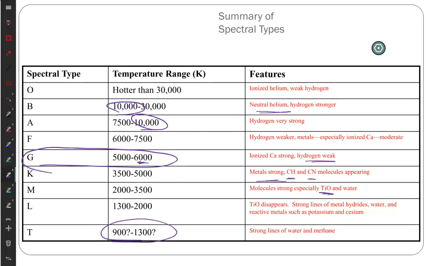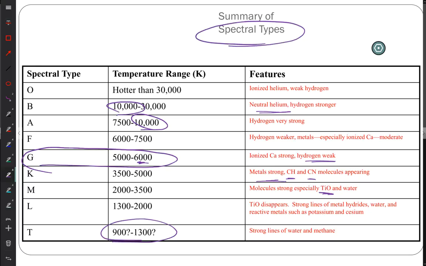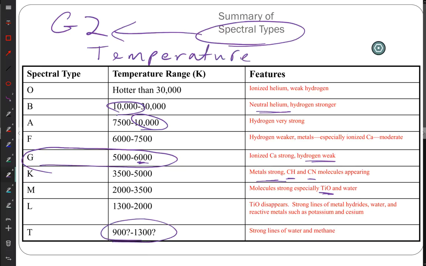It's not that often I say to memorize, but it's important because when you specify a star, we say this is, I don't remember offhand anything besides the sun, but it is this type of star and it has this spectral class, or spectral type. So the spectral type is the thing like for the sun, a G2, and that tells you the temperature. So when you know the spectral type, that's the temperature information.